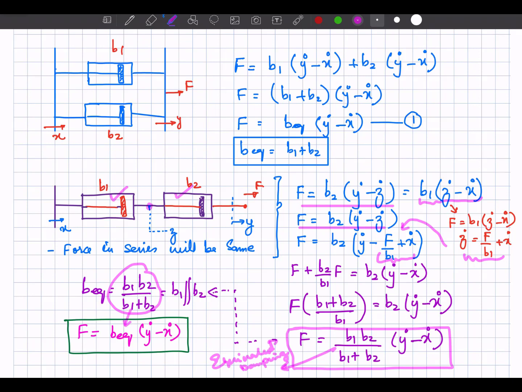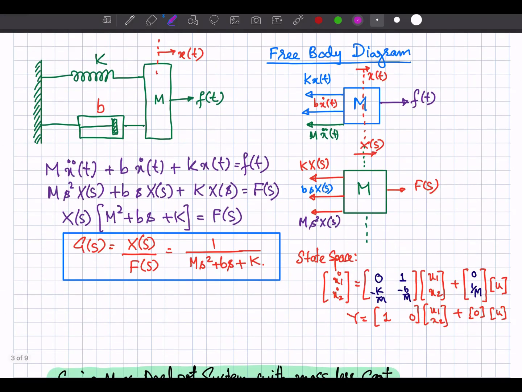And this is the equivalent constant of this system. Okay, now let's consider a system in which we have a mass connected with a spring and a damper having the damping constant B. The constant of the spring is K, the mass of this object is M, and this is the fixed point.